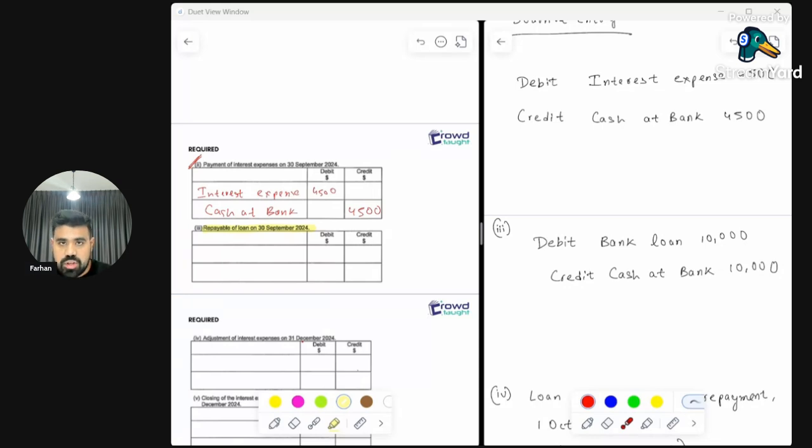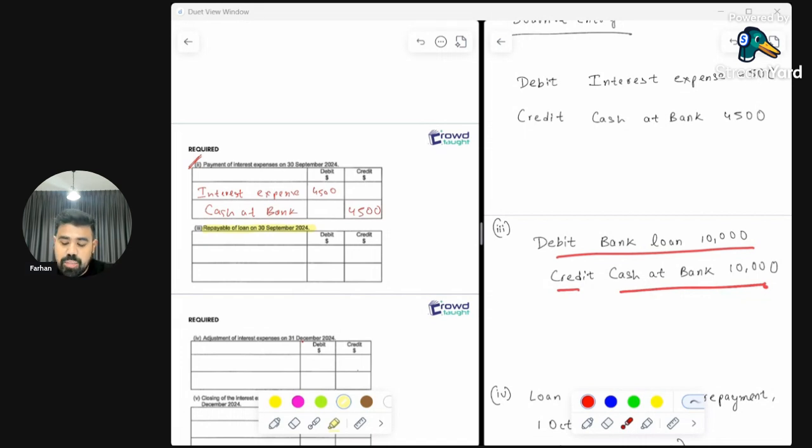When liabilities go down, we debit them, okay? So we are debiting the bank loan, as you can see, which basically reflects the fact that liabilities have gone down. And we're crediting cash at bank because you are paying off this loan using your funds available in the bank account. And bank account funds in itself are asset. So when the asset goes down, you have to credit it.